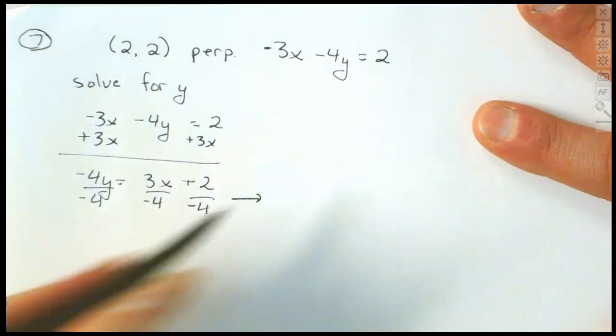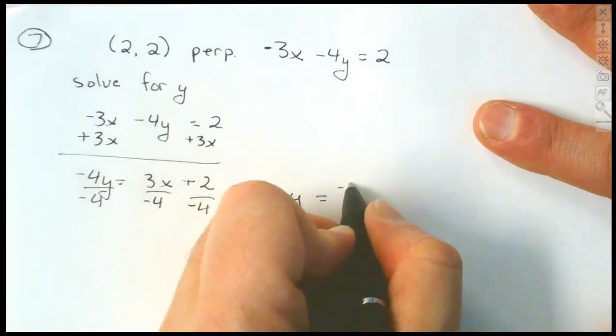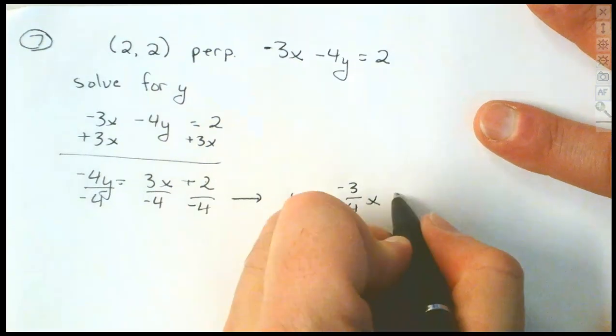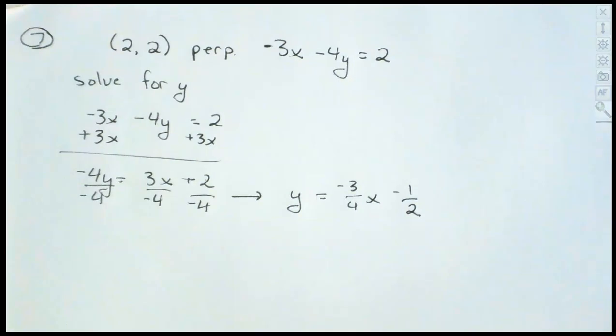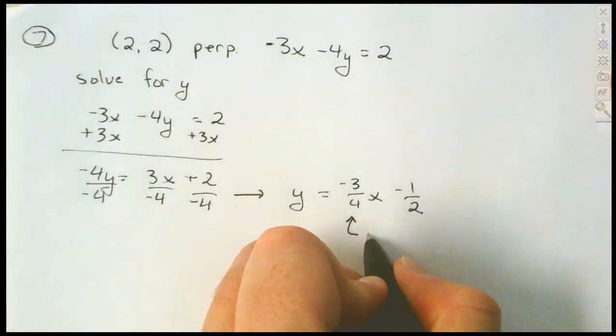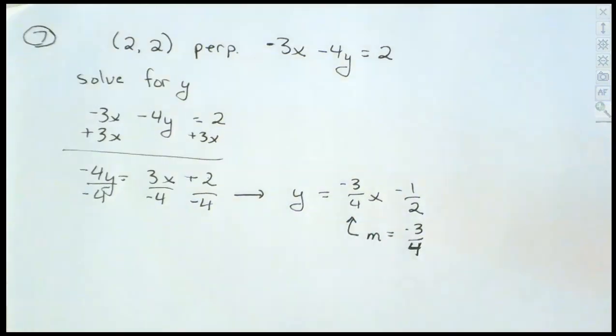And we can reduce this down a bit. That's going to give us y equals now minus 3/4 x, and this will reduce down to a minus 1/2. So that's going to be our answer for the first half, which is our equation rewritten in slope-intercept form. And we know that minus 3/4, well, that's going to be my slope.